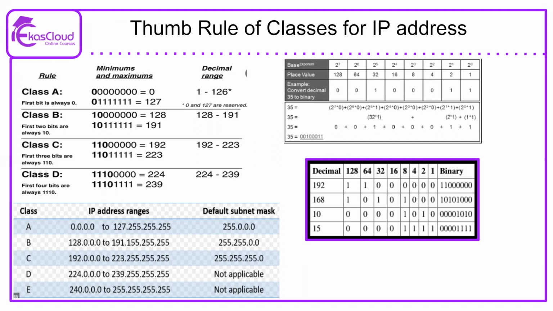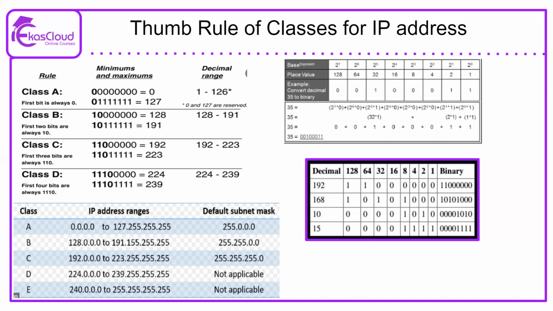For example, for class A, the rule says the first bit is always 0. What do you mean by that? As you can see in the next picture, which shows the example value of 35, there is a positional value of a decimal value.